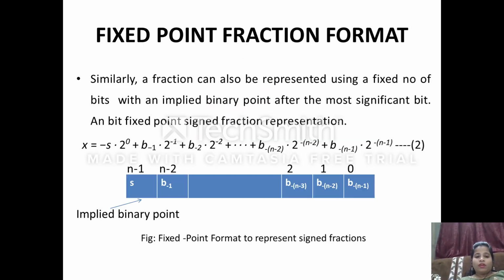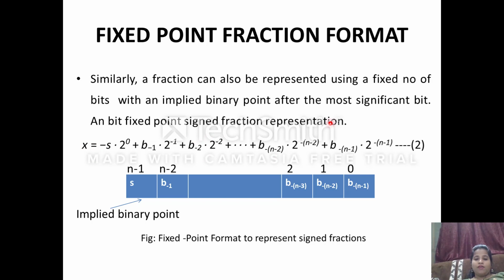Okay. So the next format is the fixed point fraction format. A fraction can also be represented using a fixed number of bits with a fixed binary point position after the MSB. An n-bit fixed point signed fraction representation is as shown below.